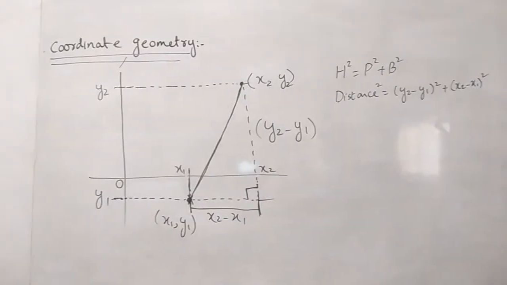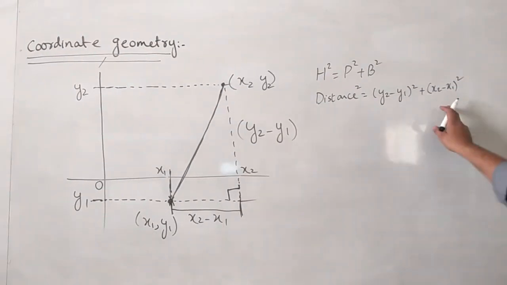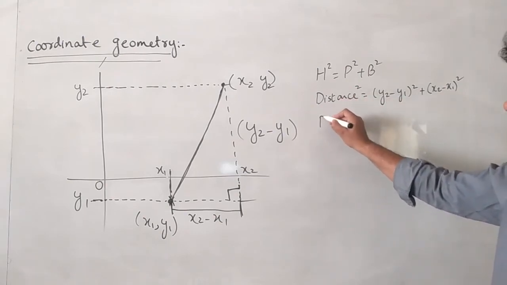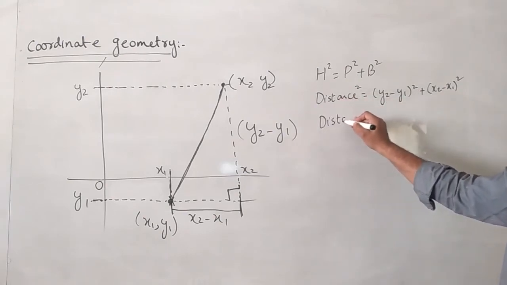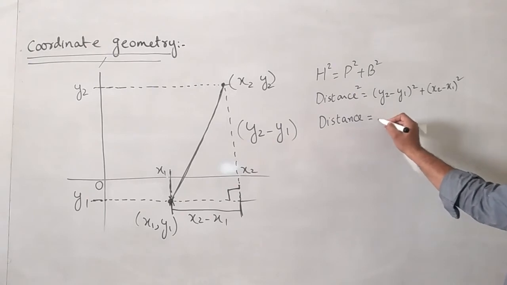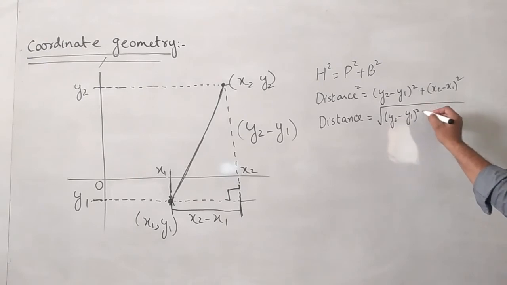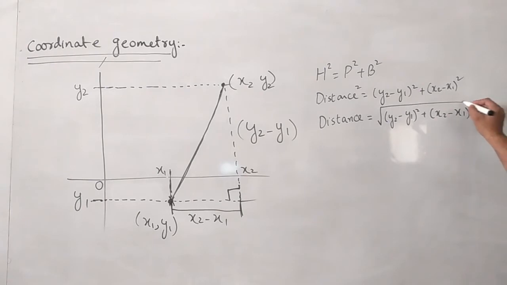Now there is a square over here. When I remove this square and shift it to the other side, it becomes the square root of y2 minus y1 whole square plus x2 minus x1 whole square.